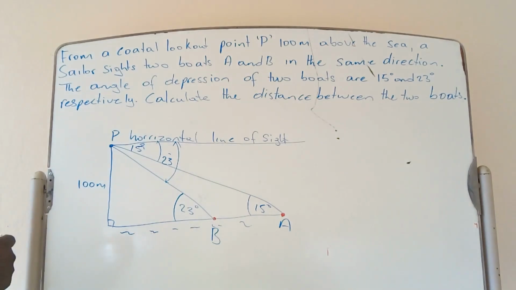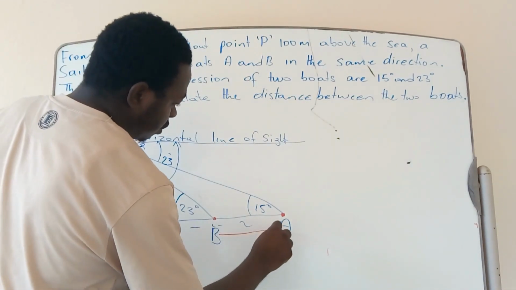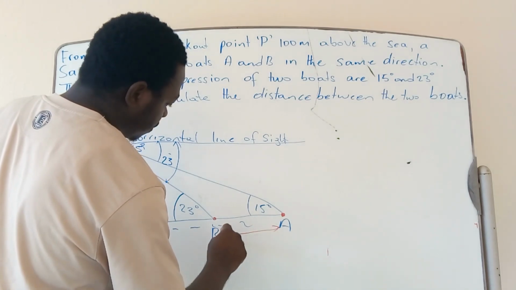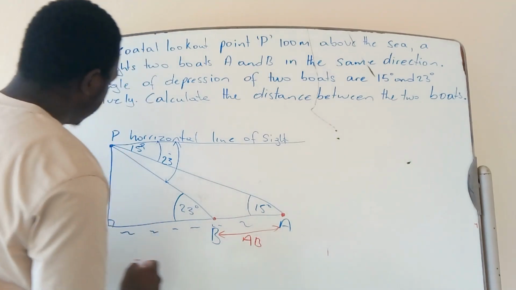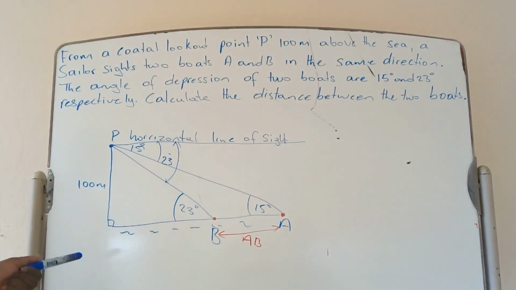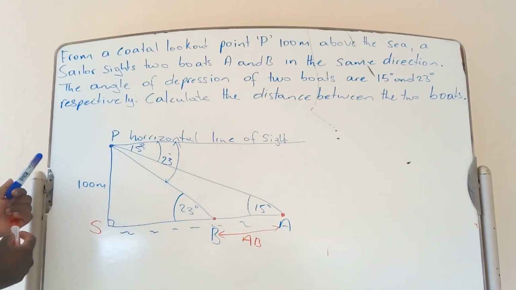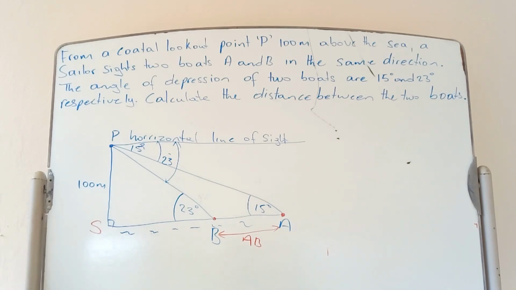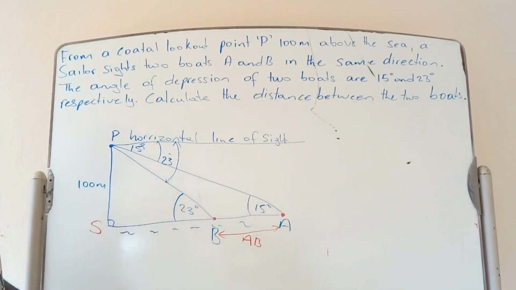We know that they want us to determine the distance between both boats, which is this distance here. Let's say that distance is just AB. So we could put a point here to just complete a triangle. Let's call this S. So now, we want this distance.